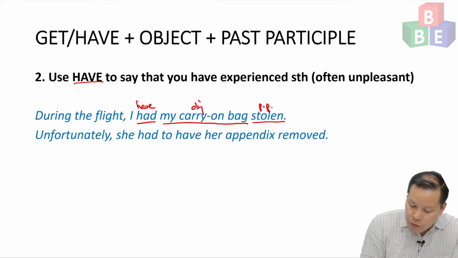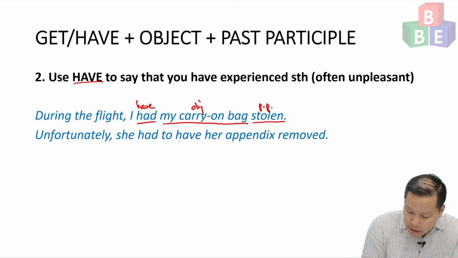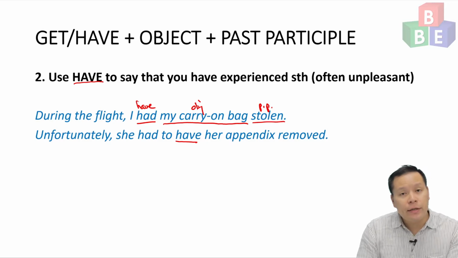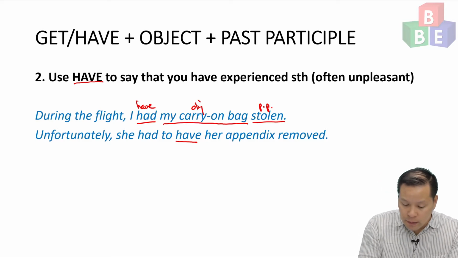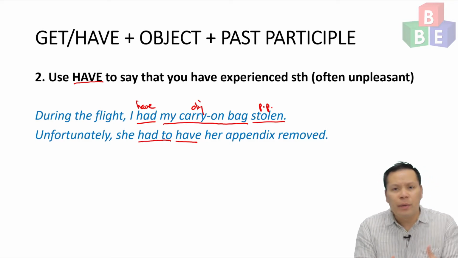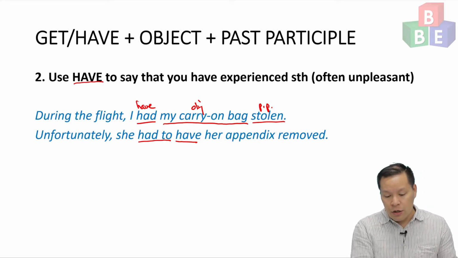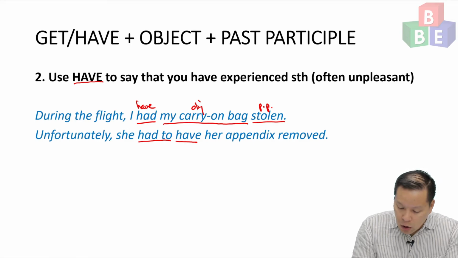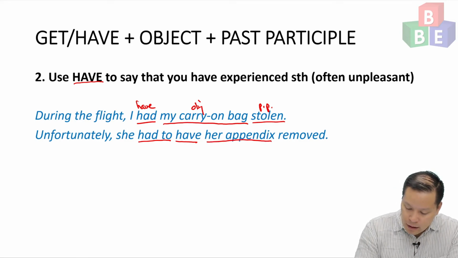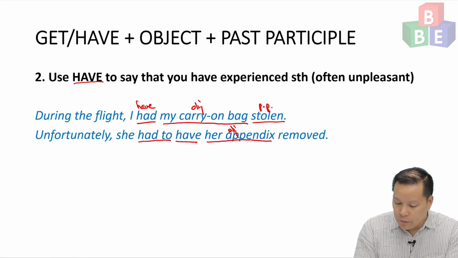So here I'm using have here, and it's have here because of the semi-modal verb had to. Had to meaning like must for obligation. She had no choice. She had to have her appendix, that's the object, removed, past participle.